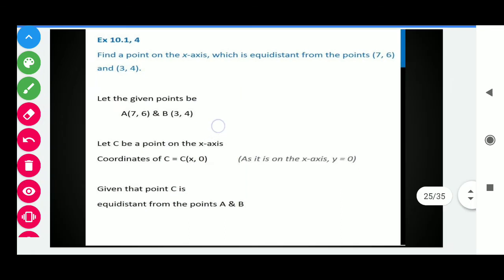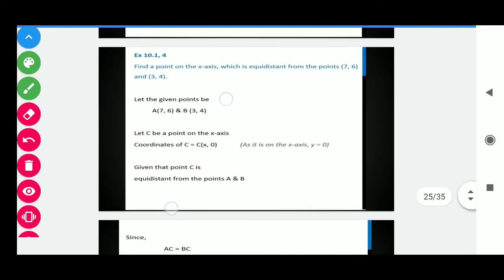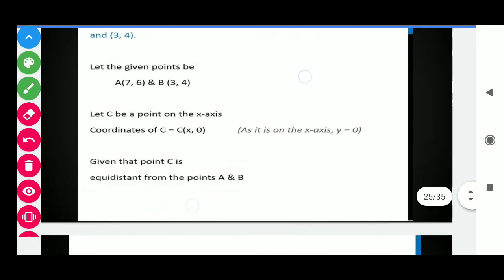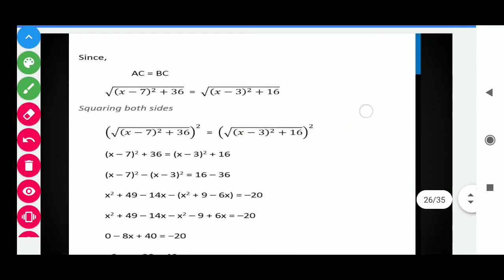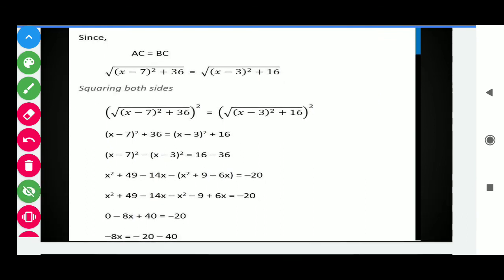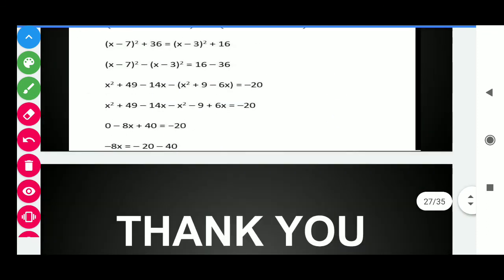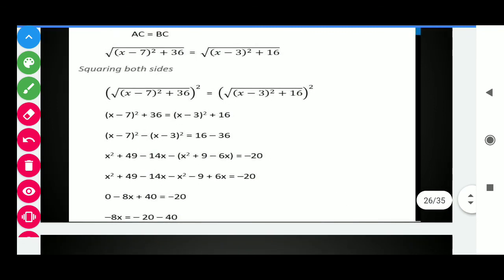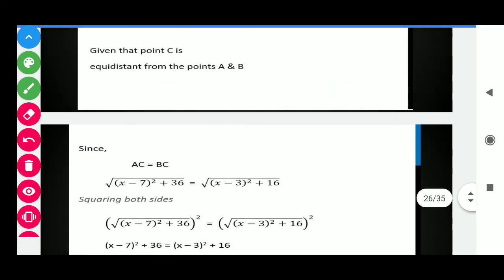Let the given points be A (7, 6) and B (3, 4). Let C be a point on the x-axis with coordinates (x, 0). C is equidistant, so we write AC is equal to BC. By using the distance formula, squaring on both sides, expanding the whole squares, and calculating, we get the value of x easily. So in this way, students, we get the required result.